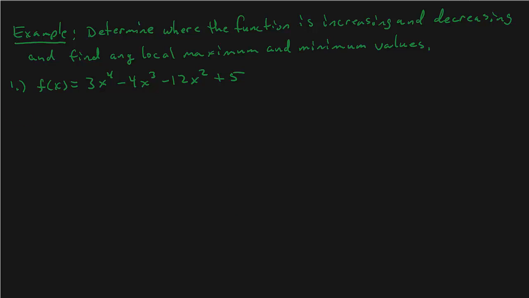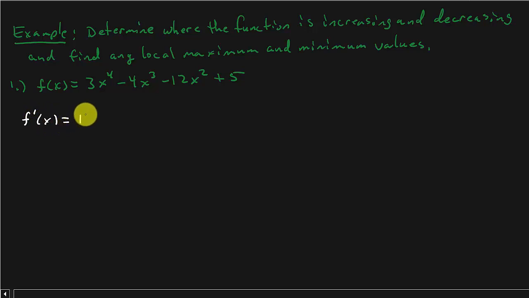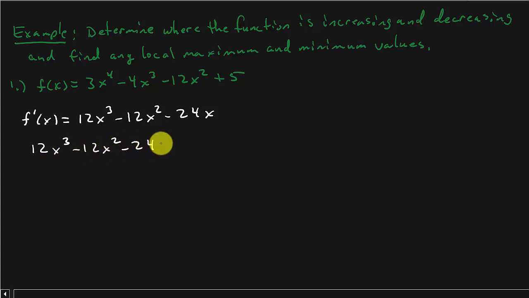So let's find our critical numbers. We are going to find the first derivative. That's going to be 12x cubed minus 12x squared minus 24x. And we're going to set this equal to 0 and solve for x. So let's factor out the greatest common factor.